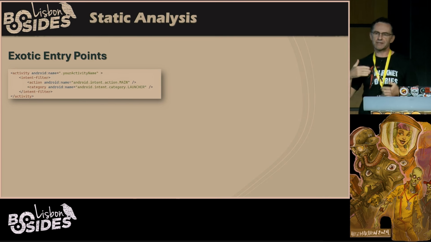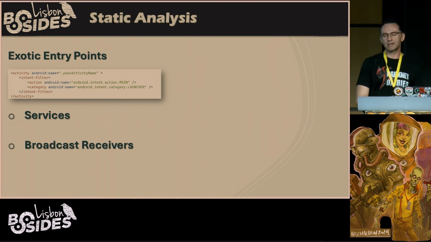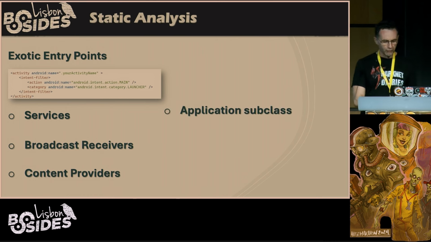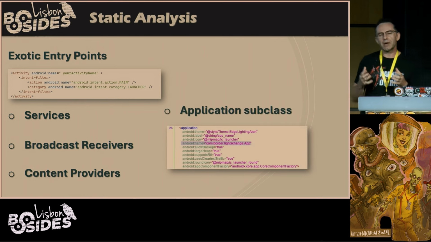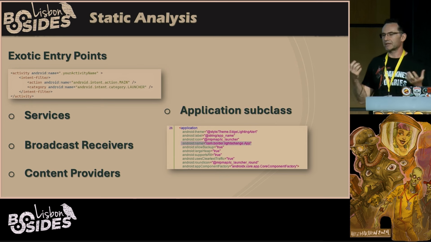Although since then we've seen many new entry points, including services. They start the malicious code from some kind of broadcast receiver or a content provider, and more often from the application subclass, despite the fact that it is not that common, I would say, for developers to extend the application's subclass, due to the fact that Android uses the default base one.